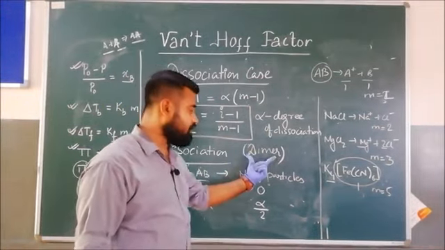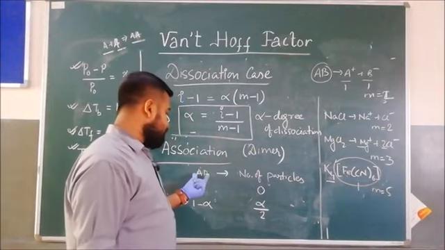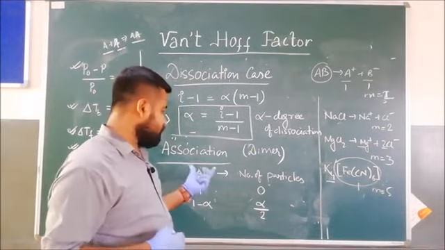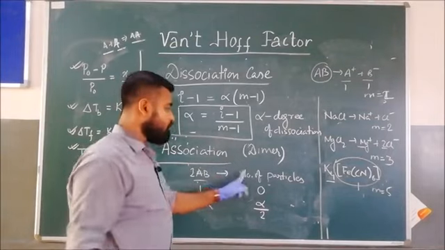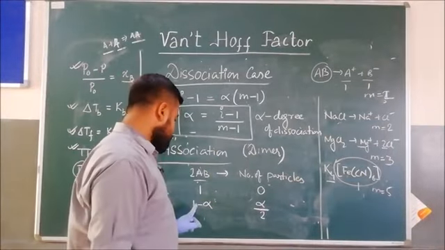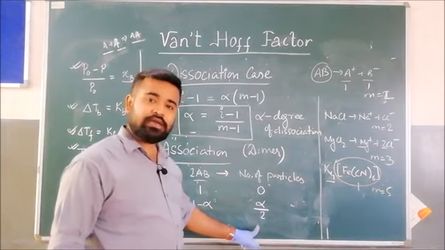That is called dimerization. So from one particle, 1 by 2 particle is forming.